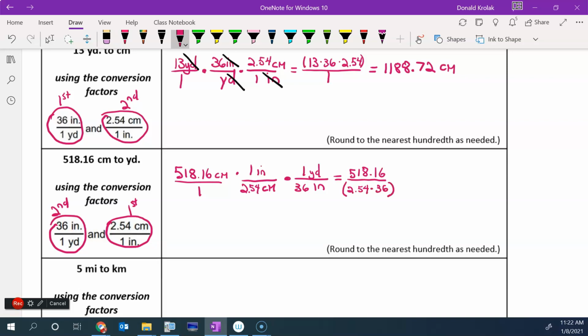Okay, when you do this on your calculator, be sure you put your denominator in parentheses because you want the calculator to multiply these two, then do the division.